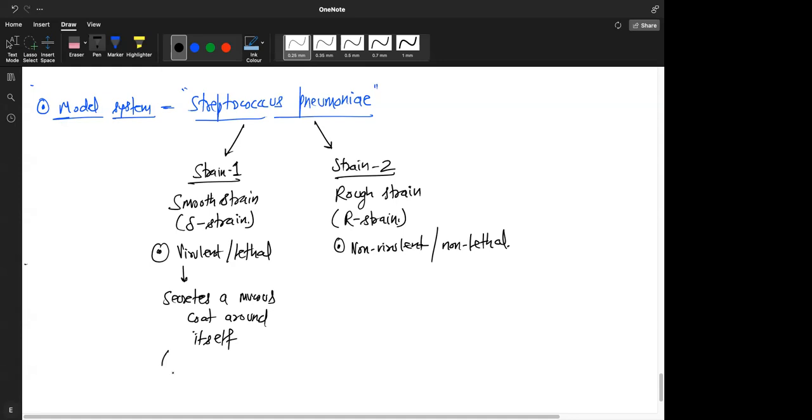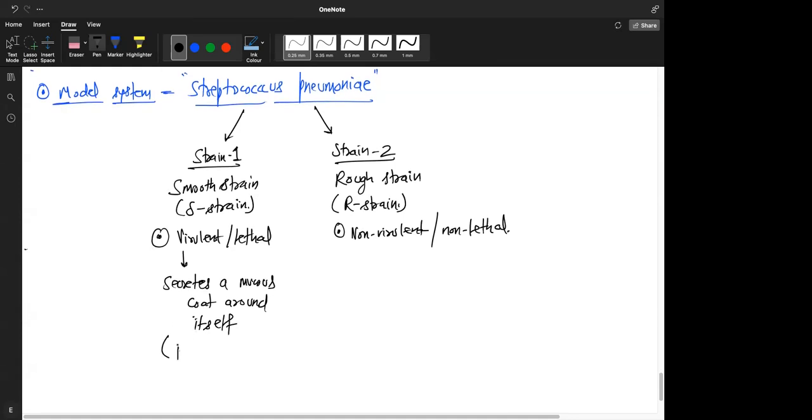This mucus coat is made up of polysaccharides. Okay. So this thing provides the virulence or the lethality. Whereas strain 2 does not have this mucus coat around. So that's why it does not look smooth.